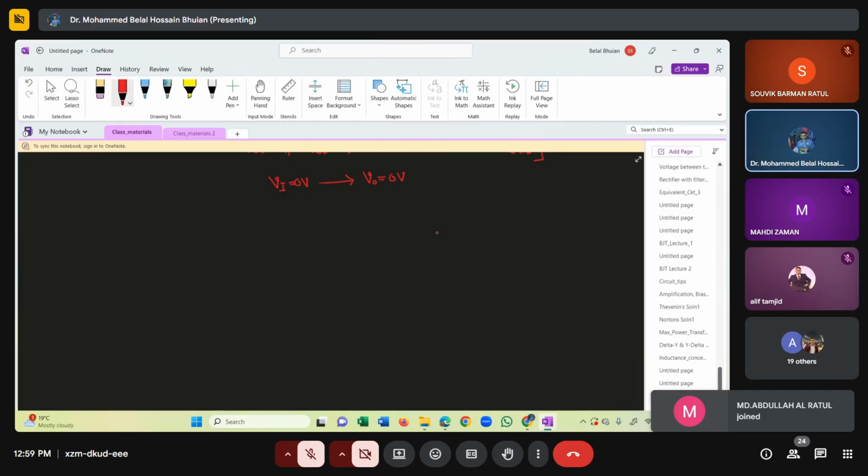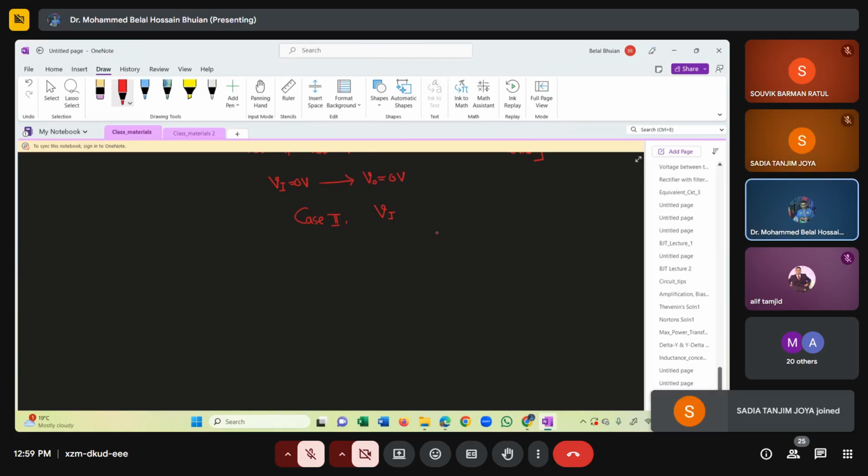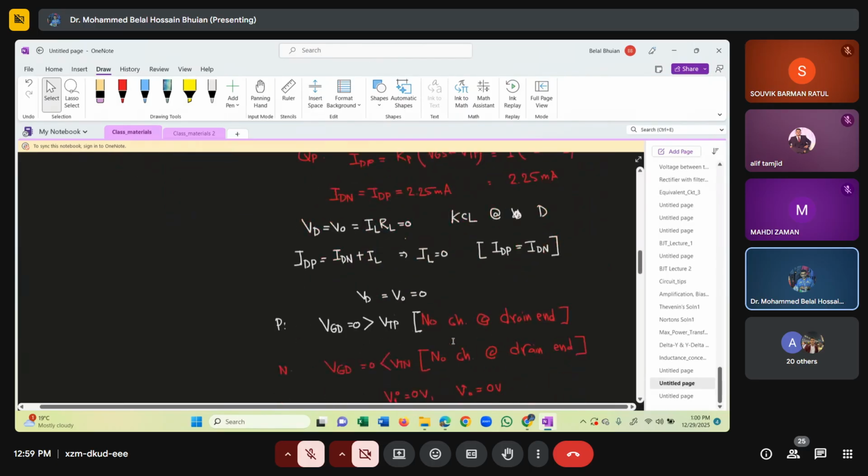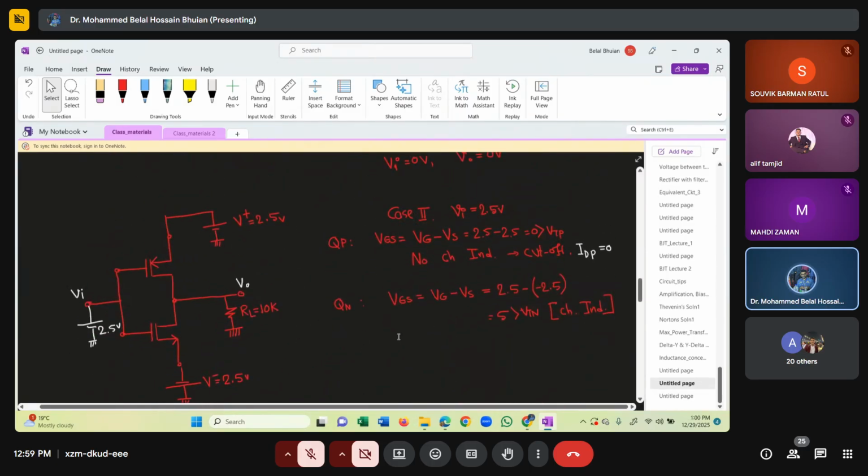For case 2, first of all, Vi equals 2.5 volt. Let me bring our circuit থেকে নিয়ে আসছি.